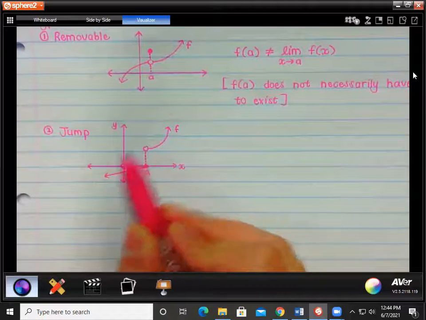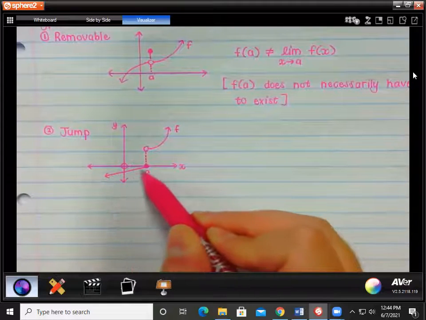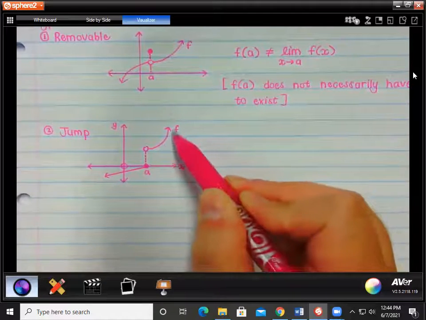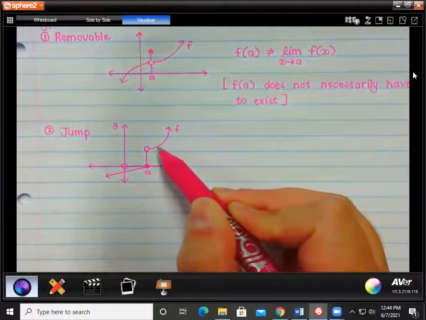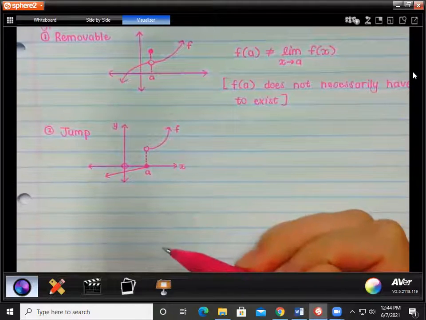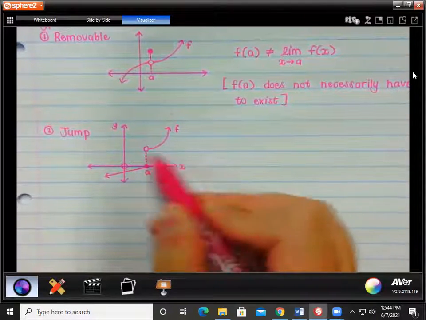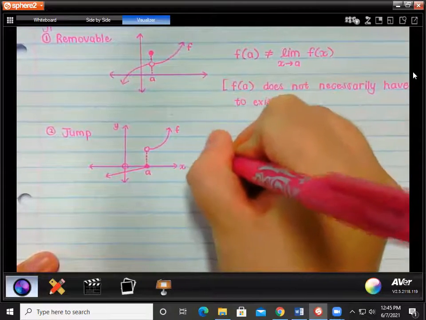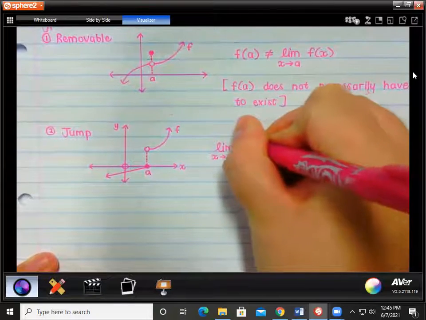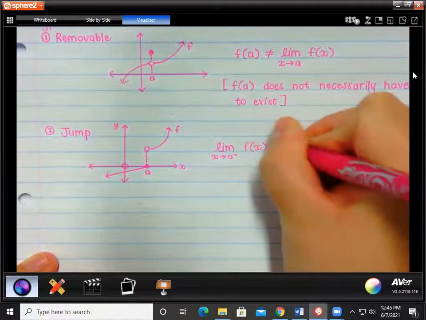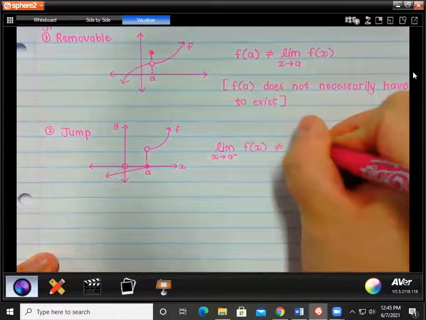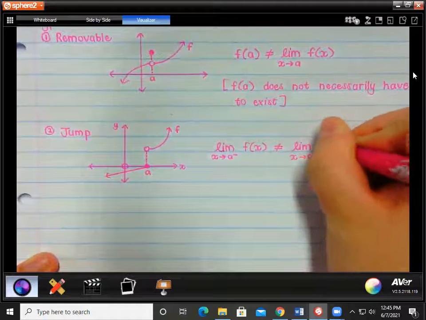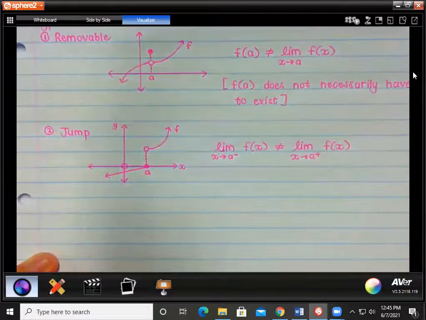Now in this case, guys, do we agree that the limit from the left would be equal to 0 in this case? All right, but the limit from the right would not be equal to 0. Okay, so in this case, that limit doesn't actually exist at this x value, which is a. So for this to happen, the limit as x tends to a from the negative side of this function is not equal to the limit as x tends to a from the positive side of this function.